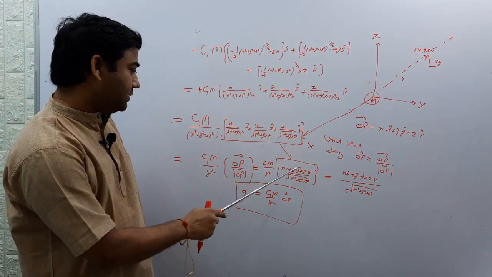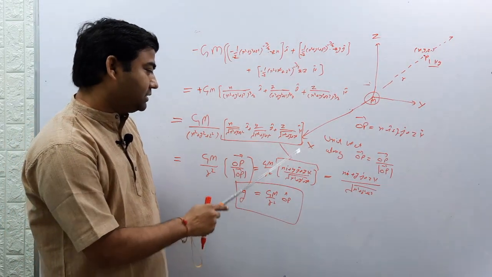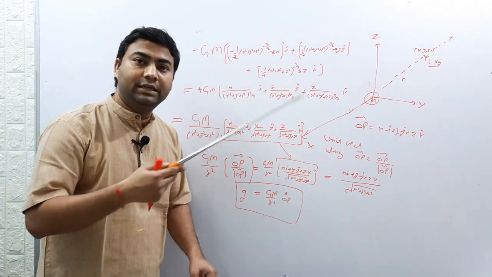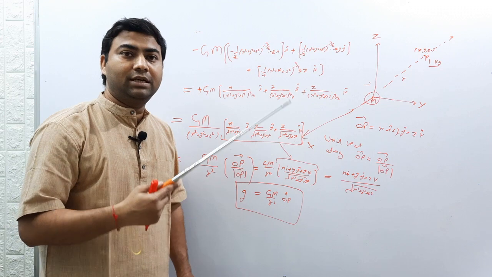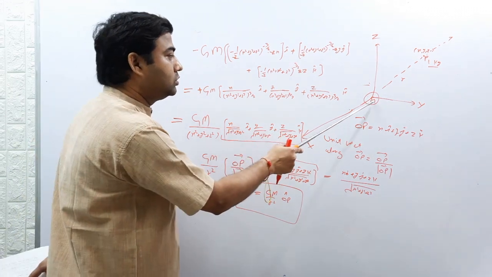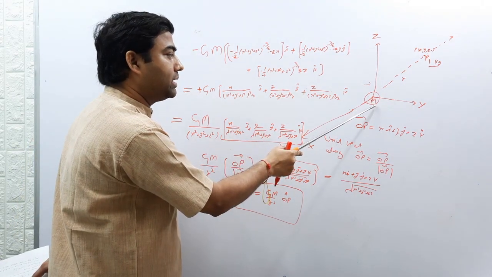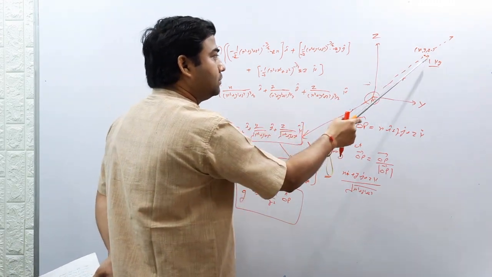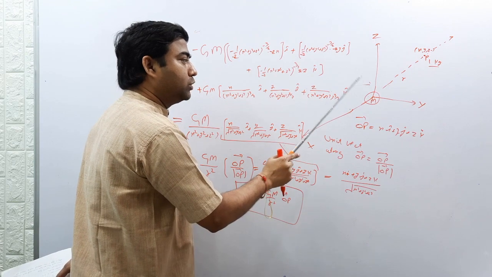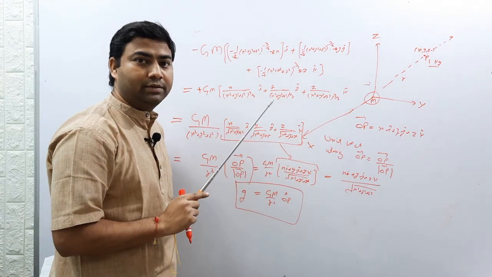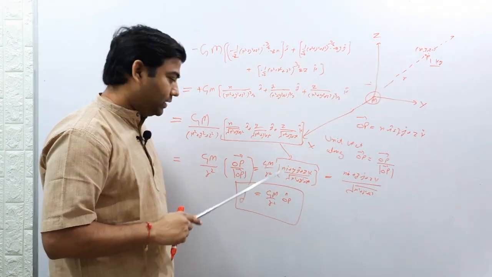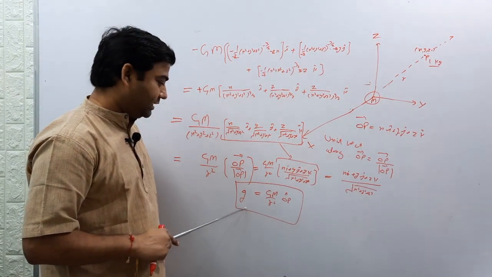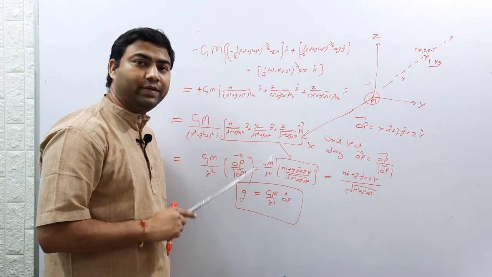So this G, gravitational acceleration, is a vector field which has been derived by finding gradient of potential energy due to this mass m at point P. When you find gradient of potential energy field, that is a scalar field, you find the gravitational field, which is a vector field.